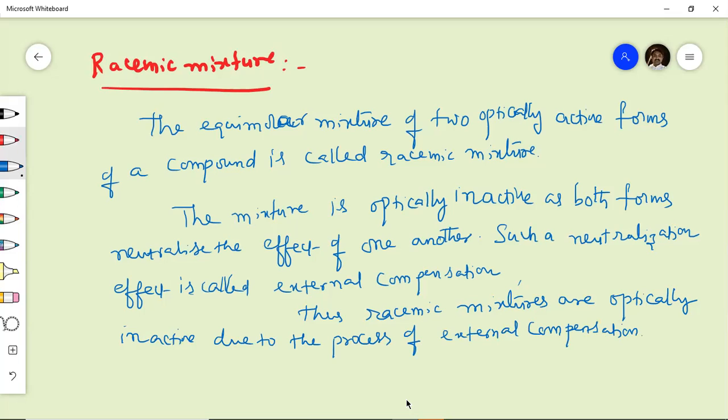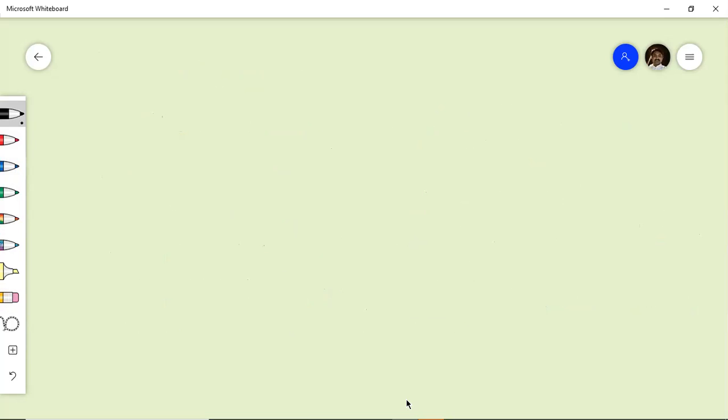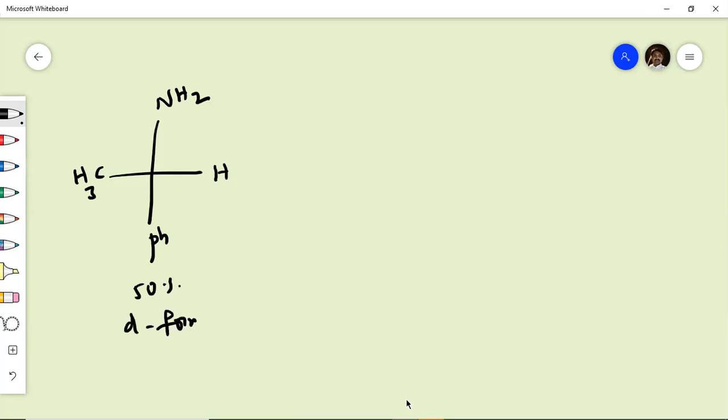If you see an example now for the racemic mixture, that is a D form. For example, if you write a phenyl group here and an amine group here on top, this is CH3. This is 50% of the compound, which is called the D form, dextrorotatory.